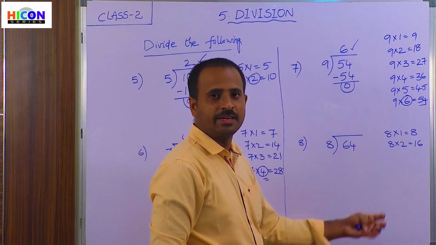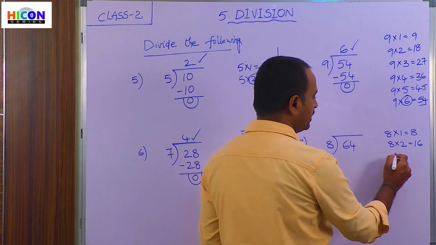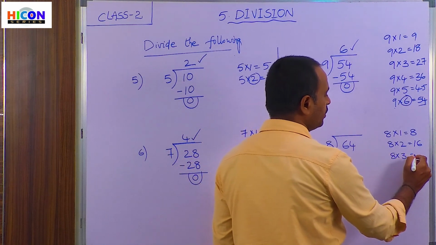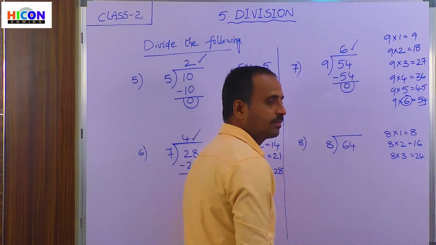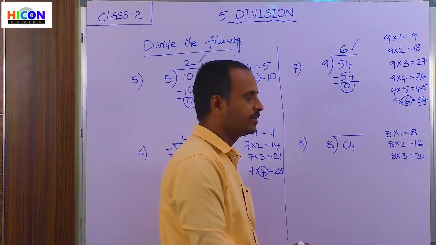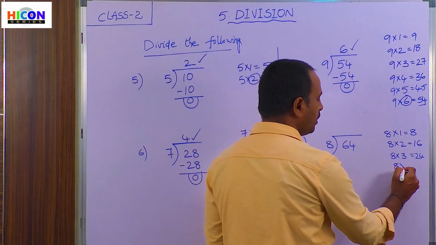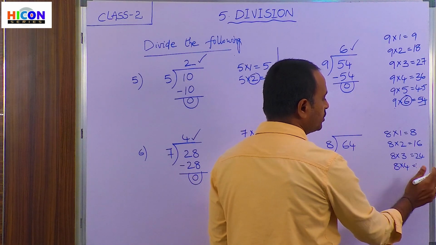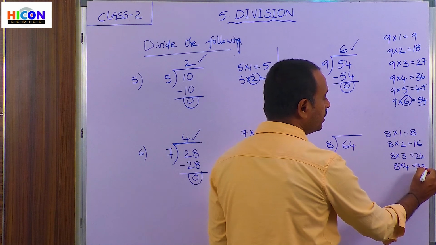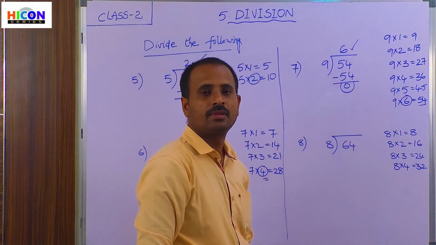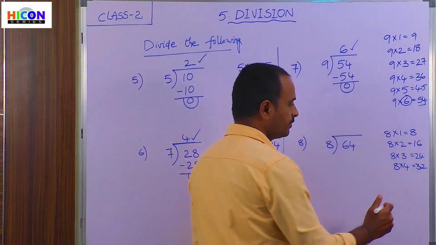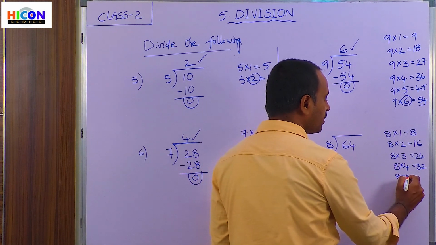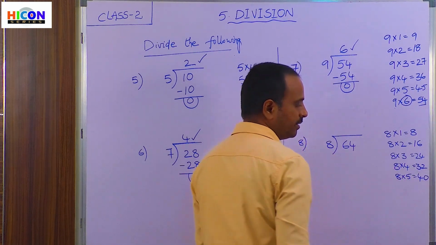So now take 3 times, that is 8 threes are 24. Now take 4 times, 8 fours are 32. So now take 5 times. So 8 fives are 40.